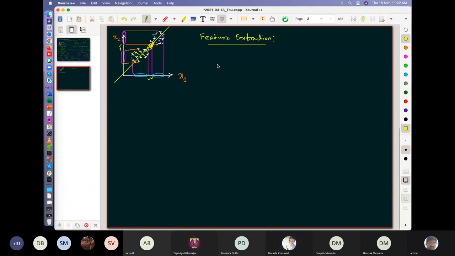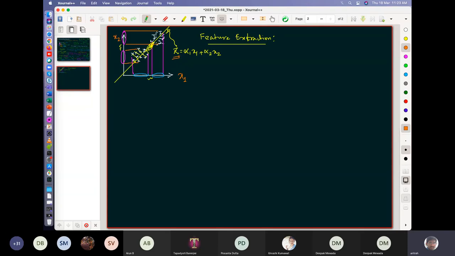Yes, sir. That means, though I am not reducing the dimensionality only by looking at a subset of attributes, rather I am trying to project, here in this case it's a line, but I am only looking at the projection of points with respect to this line.